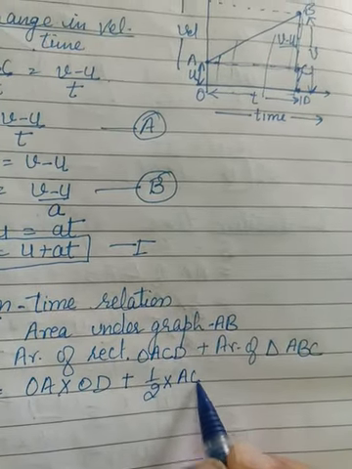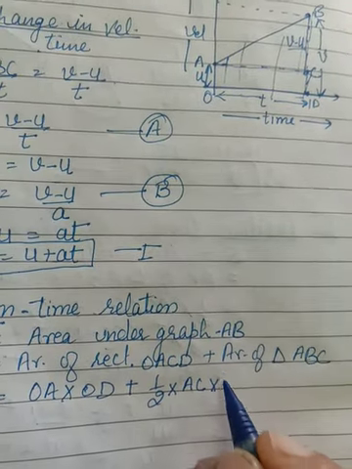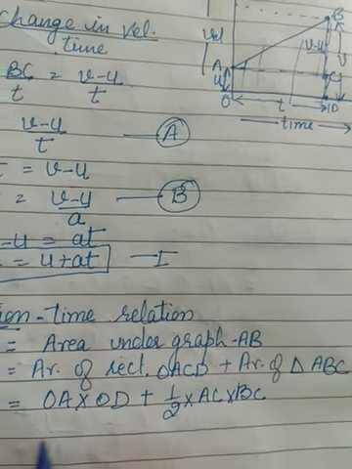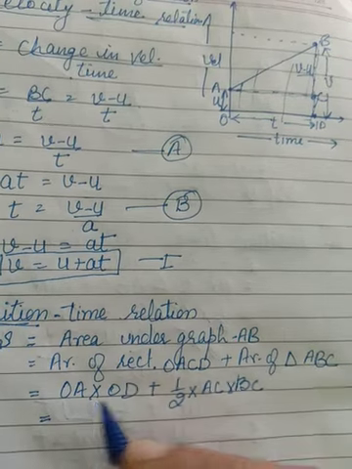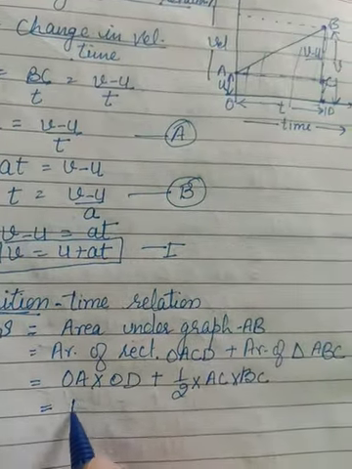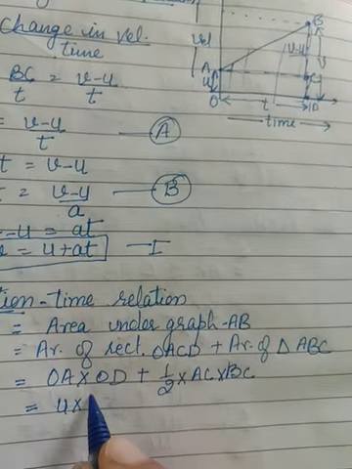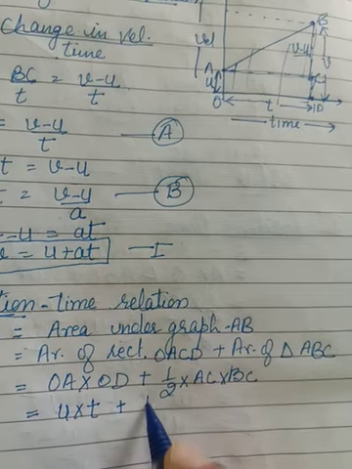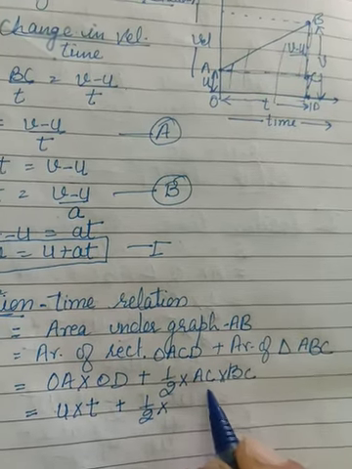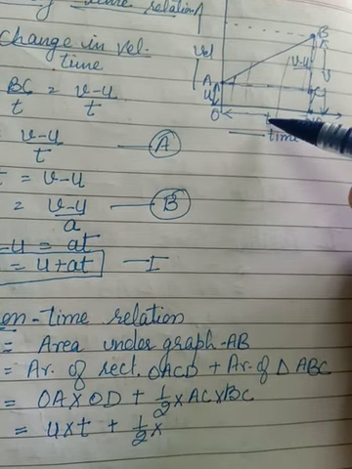Half into AC into height. Height is this much, BC. Now what is the value of OA? This is equal to u into OD, which equals t. So u into t plus half into AC. AC is equal to t.